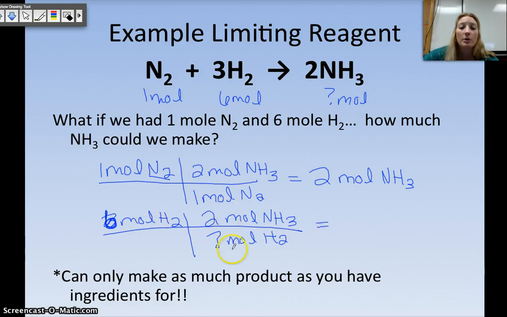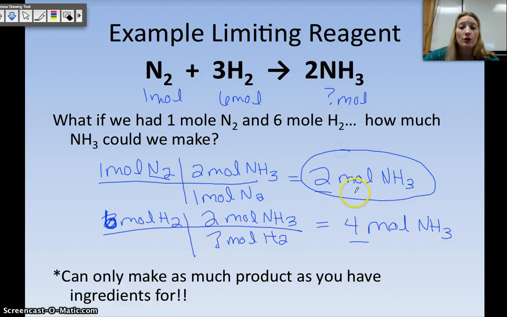So if we do that math, 12 divided by 3, we can make 4 moles of NH3. So this one will allow us to make 2. This one will allow us to make 4. We know that our limiting reagent is going to be the one that makes the least. So we can actually make 2 moles because as soon as we've made 2 moles, our N2, which is our limiting reactant, has run out.